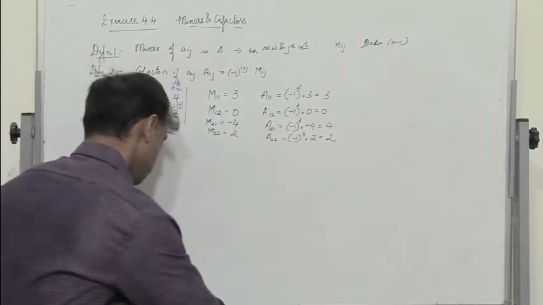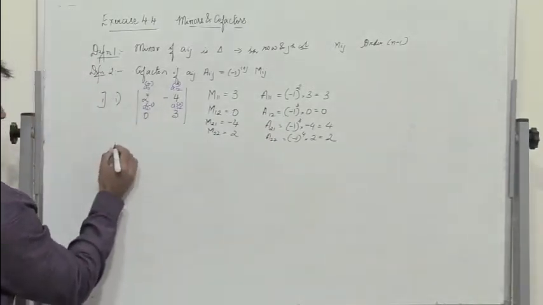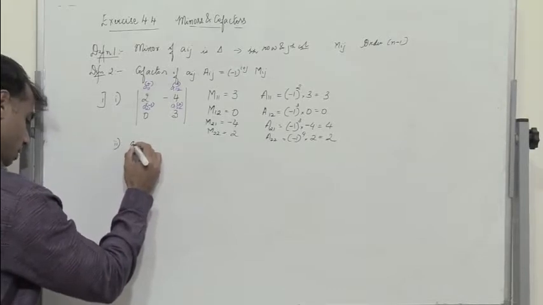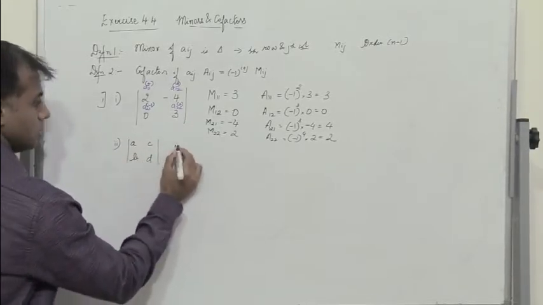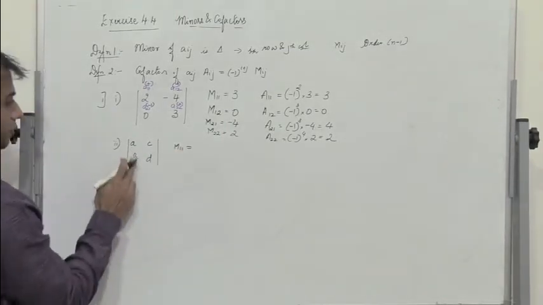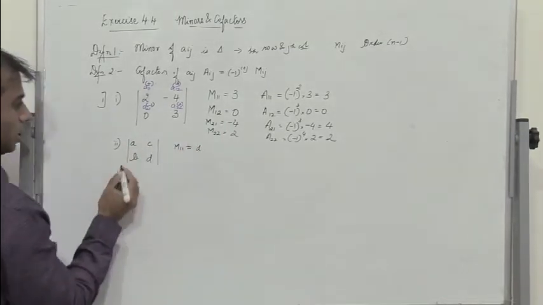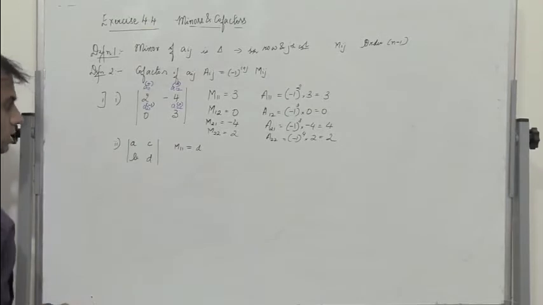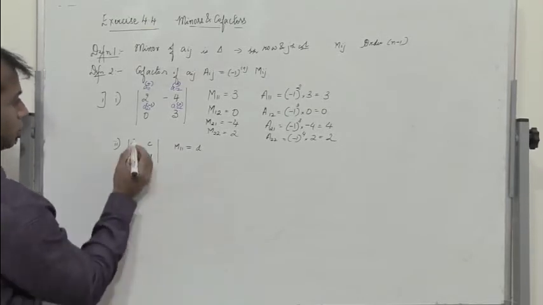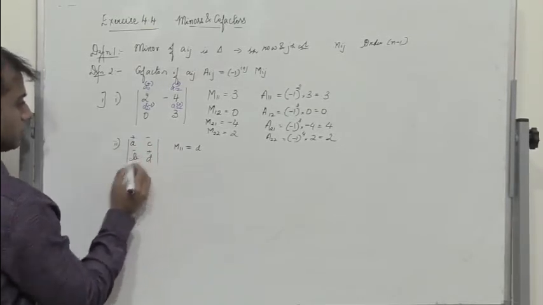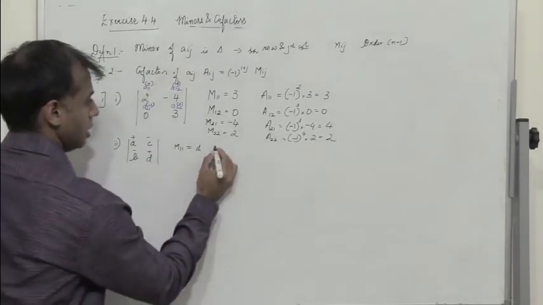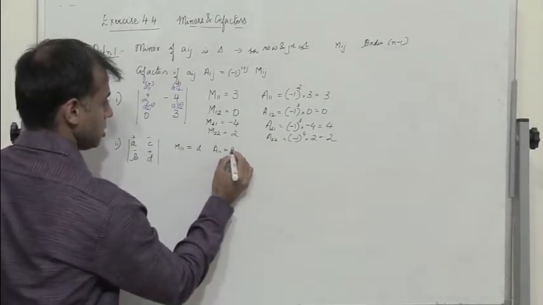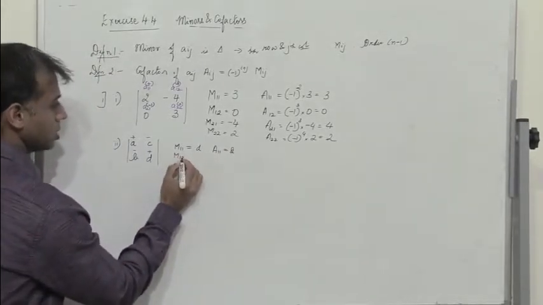So the next problem, so we have A, C, B and D. So again, M11, leaving the first row and first column, is D. To find the cofactors, let me write the sign on top: plus, minus, minus, plus. So A11, there is no sign change, it is D. Next, M12.